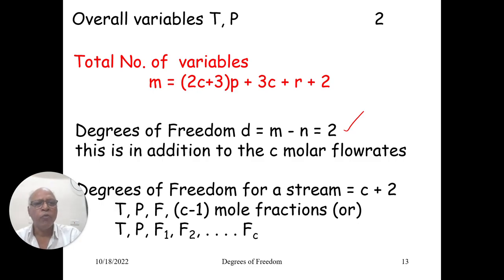Remember, we are extending the Gibbs-Duhem theorem to a stream to determine the degrees of freedom for a stream. But remember, in the background, the degrees of freedom is 2, provided you know the initial masses of each and every component. So when you try to talk about defining a stream, please remember the Gibbs-Duhem theorem.